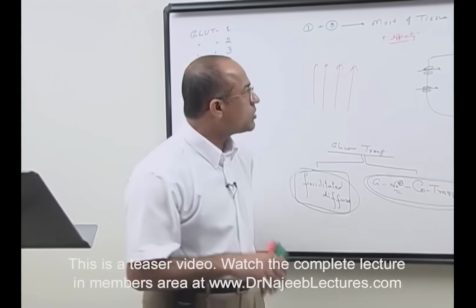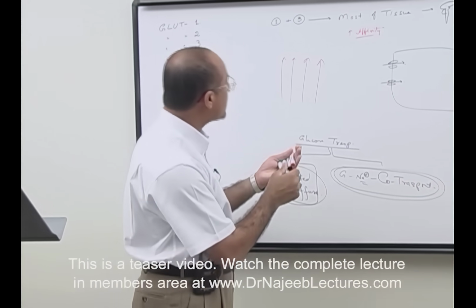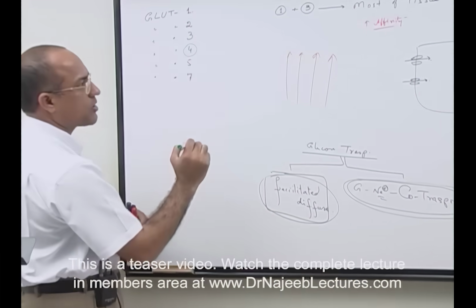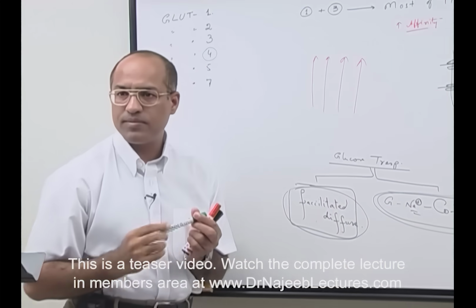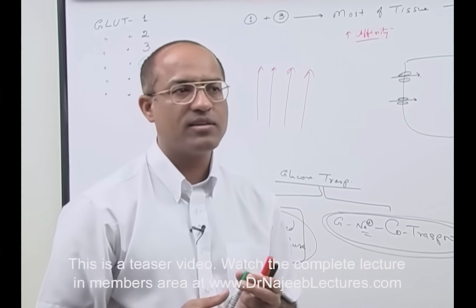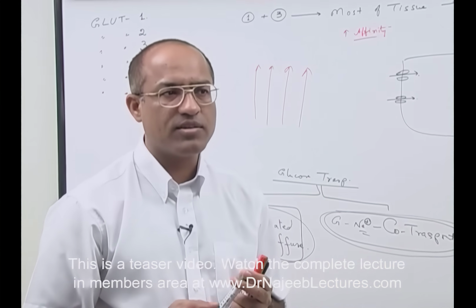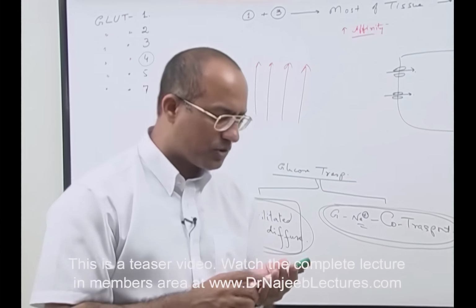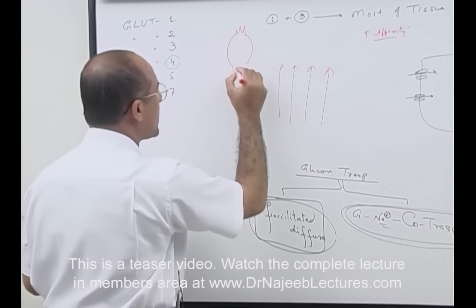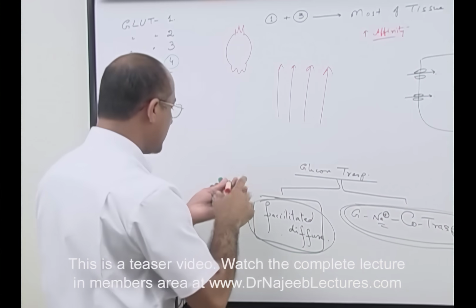Now we come to some other types of transporters. Let's talk about type 4. Type 4 glucose transporters are mainly expressed on skeletal muscles and on adipose tissue. What are these cells?